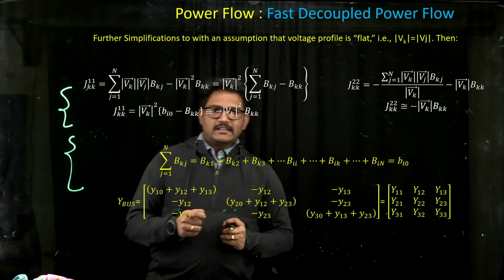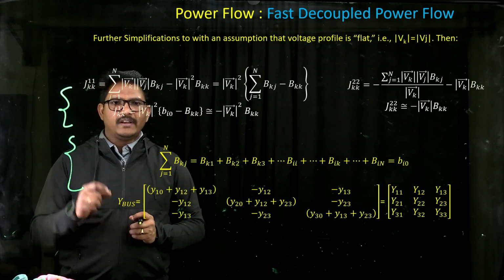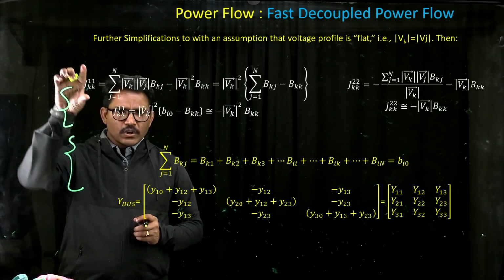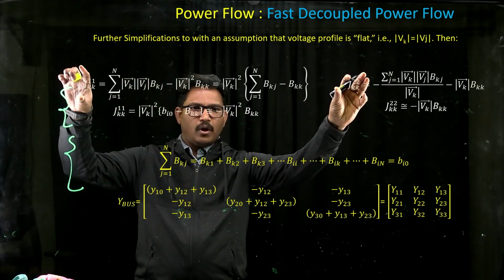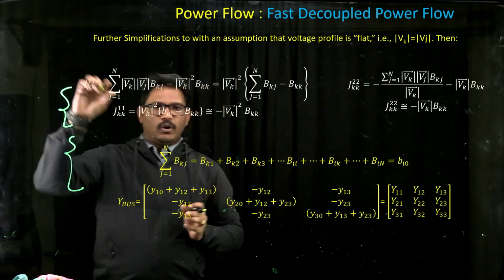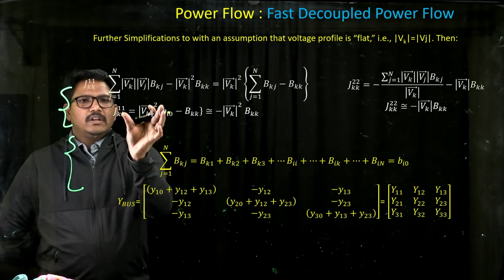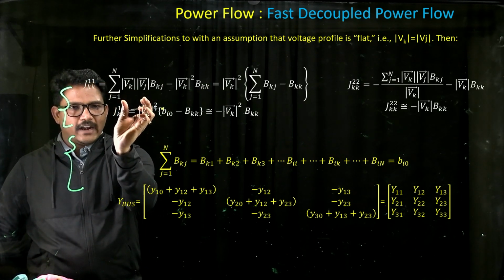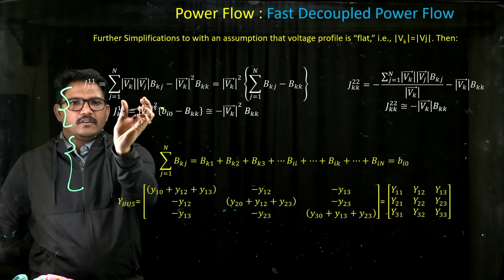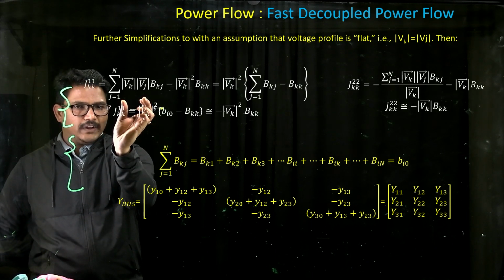If you try to look at that assumption, that is when you have your JKK in the second block diagonal J22 and J11, that is where you will consider that Vk and Vj correspond to a flat voltage profile. So then you can consider that voltage as Vk itself.